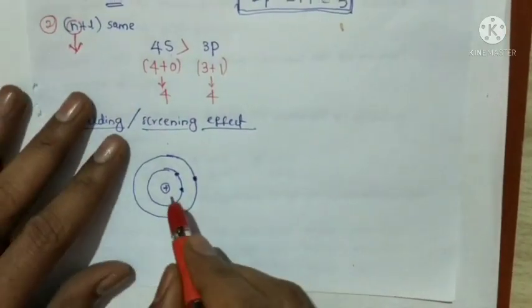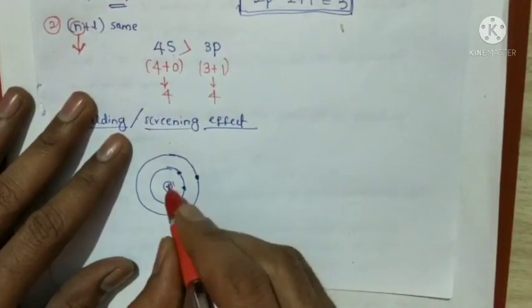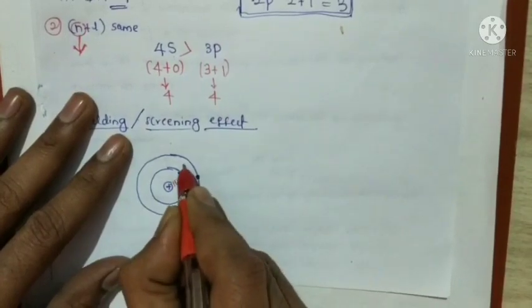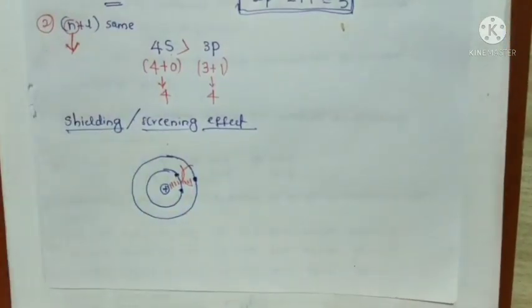So two forces are there: one is the attraction force, the second is the repulsion force between the electrons. Two forces are there in multi-electron atoms.